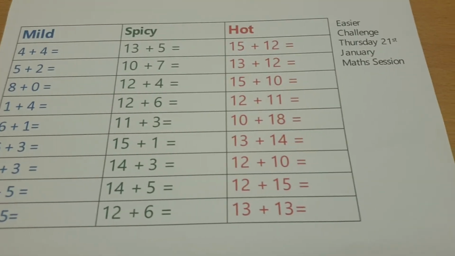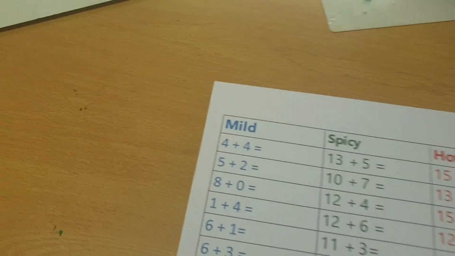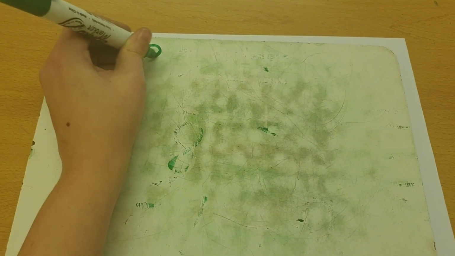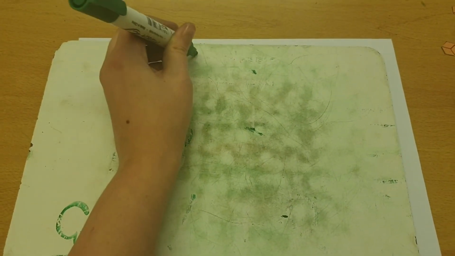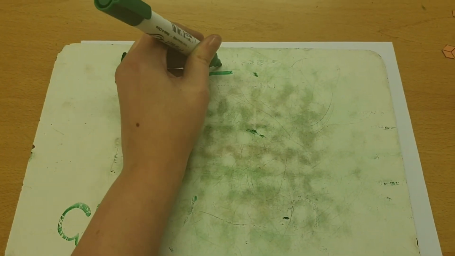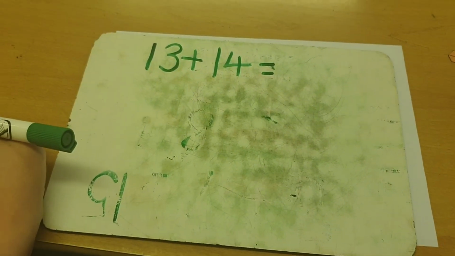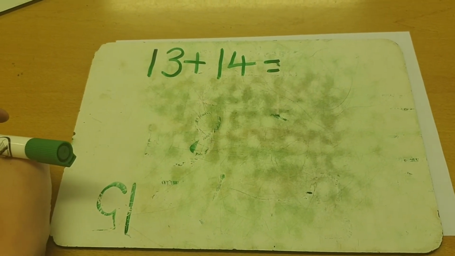So I'm going to have a look at the sum. I'm going to do 13 add 14. So you're going to, on your piece of paper, write the sum out. And then you're going to draw exactly the amount of tens and ones you need to solve this sum.